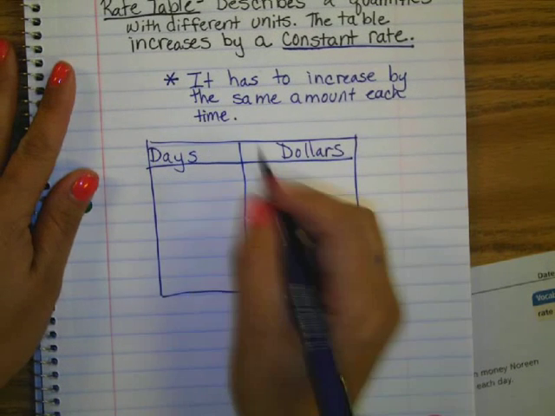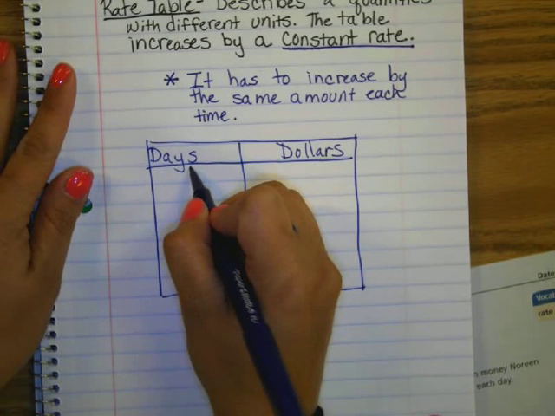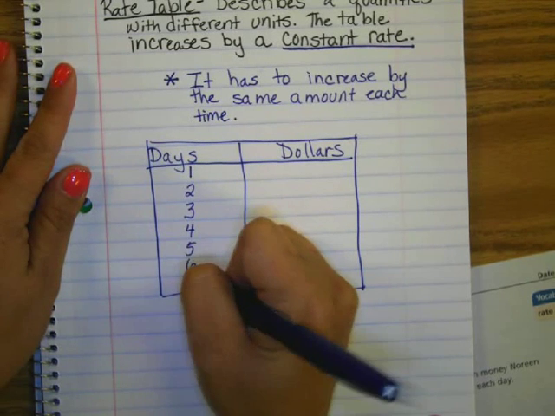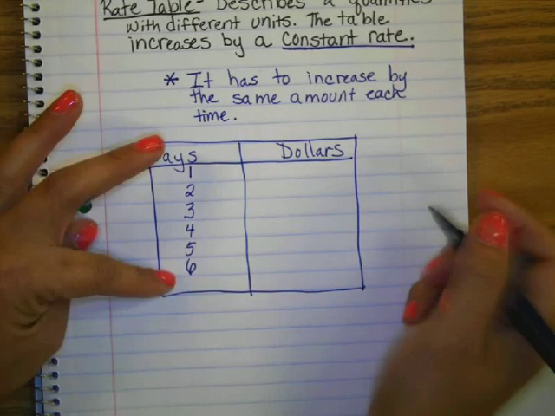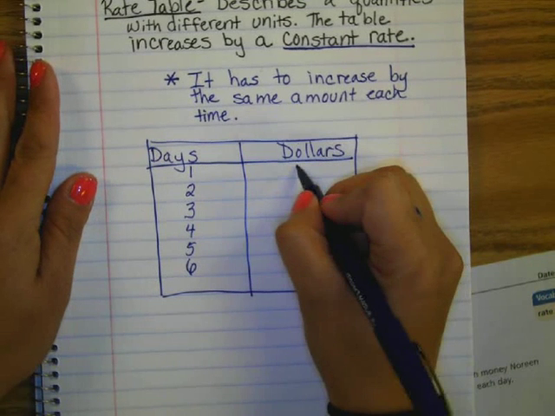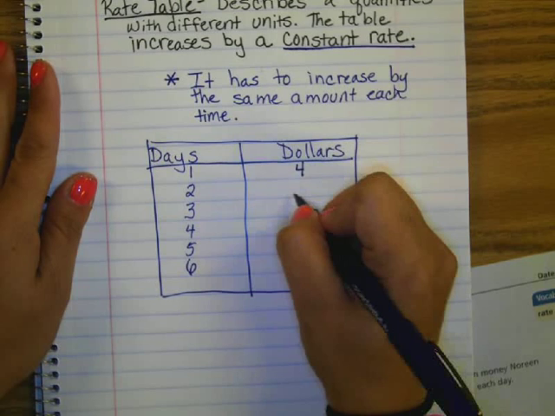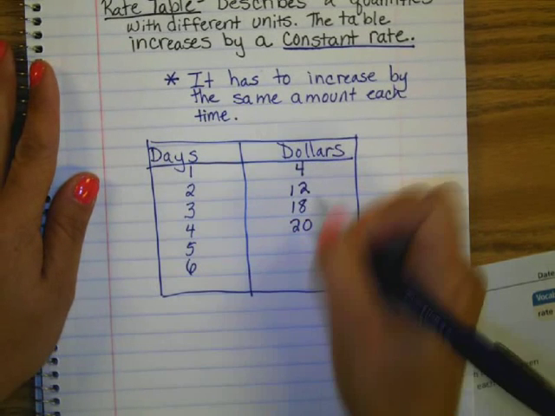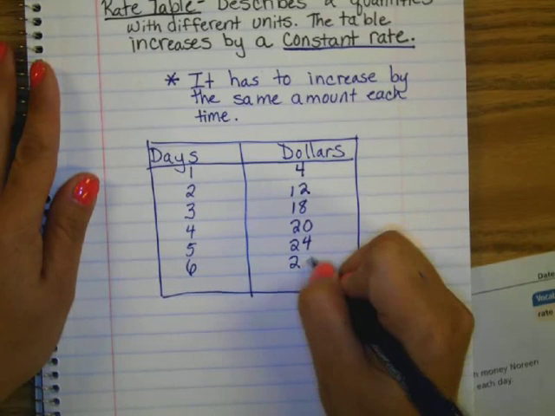I'm not going to go to 7, just 6. And for dollars, I'm going to write down some dollar amounts. Is this a rate table?